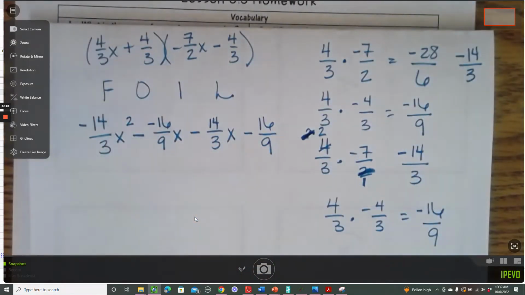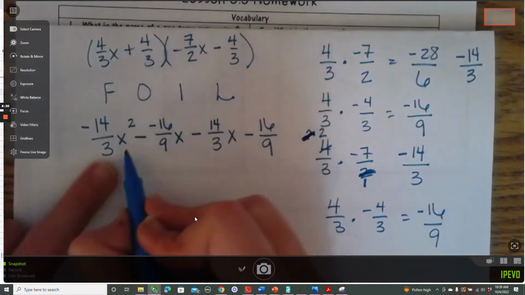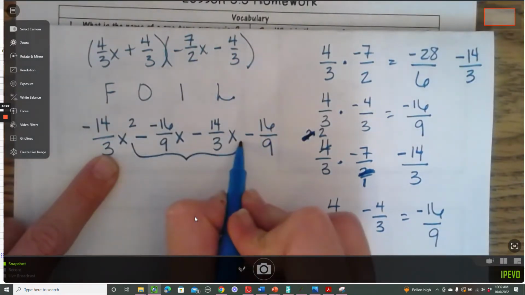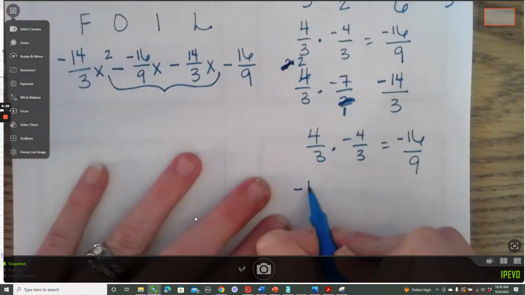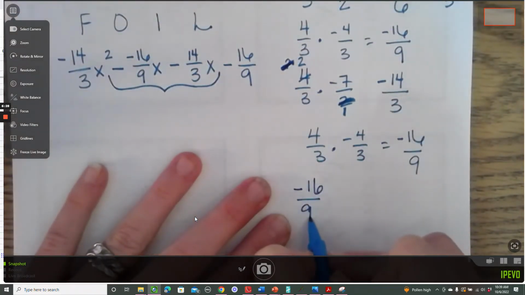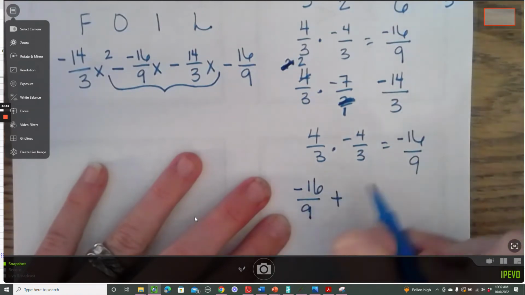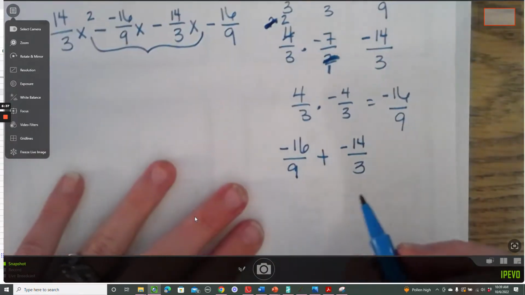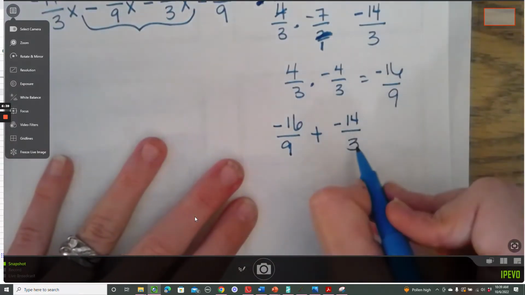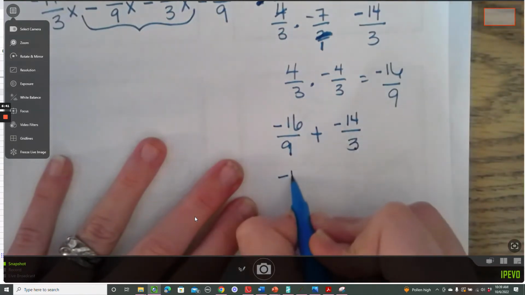You can't simplify 16/9, but I do have to combine like terms. So that would be negative 16/9 plus negative 14/3. I cannot add fractions if they do not have a common denominator. I'm going to turn the 3 into a 9.